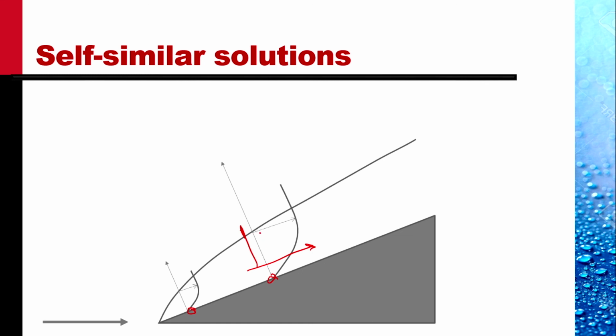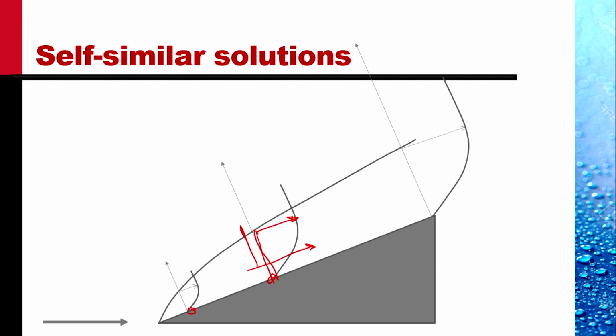Stretching in this direction to match the boundary layer thickness here, and stretching in this direction to make the velocity at the edge of the boundary layer match with the inviscid solution at this location.